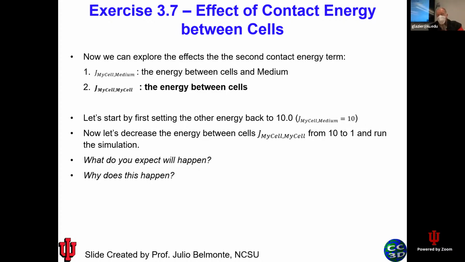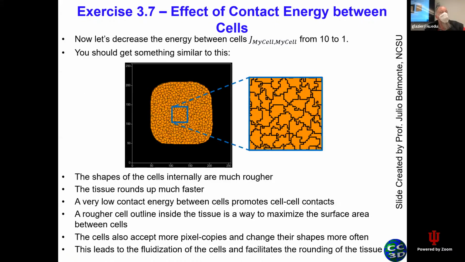The cell boundaries are going to get basically things that look like puzzle pieces. You'll also find that the tissue is pretty soft now, and it rounds up very rapidly as a whole. So this is a very fluid-like situation.